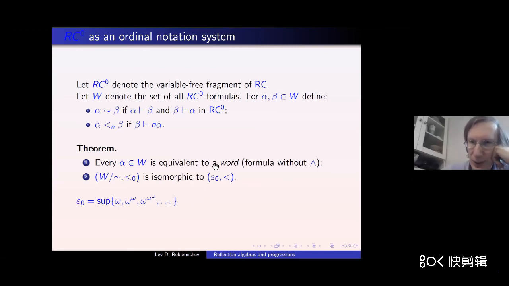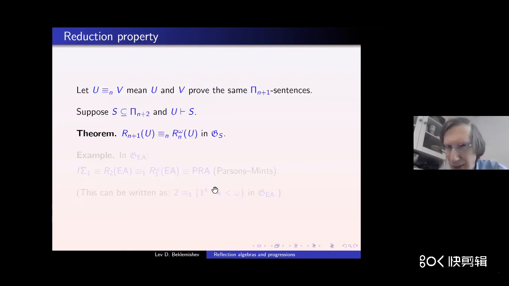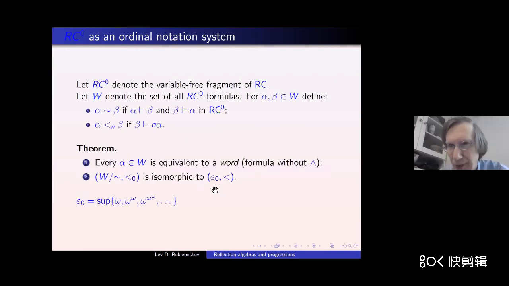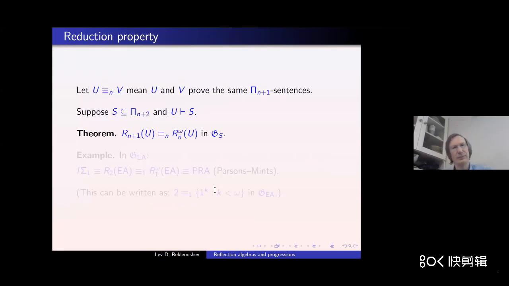It is a well-ordering of type epsilon 0, which allows you to in fact view this W with this relation as yet another ordinal representation, as a system of ordinal notation. And in fact, it turns out that this system of ordinal notation is exactly the one tightly related to Peano arithmetic. So let's see how it works out here.